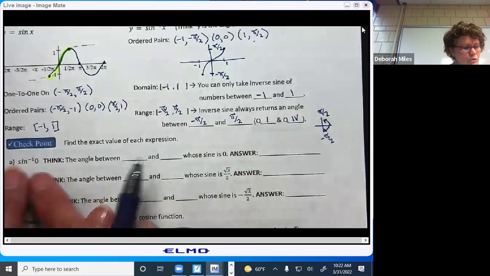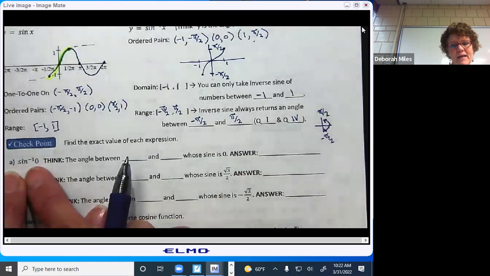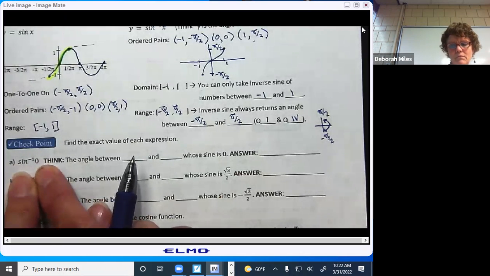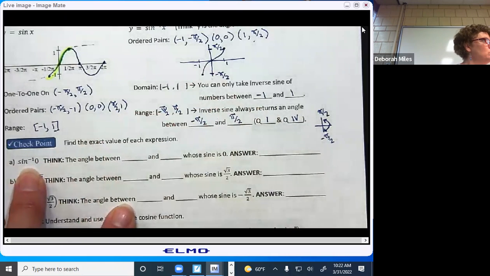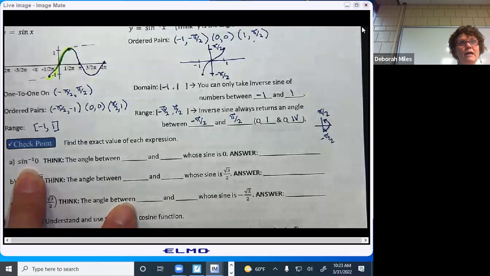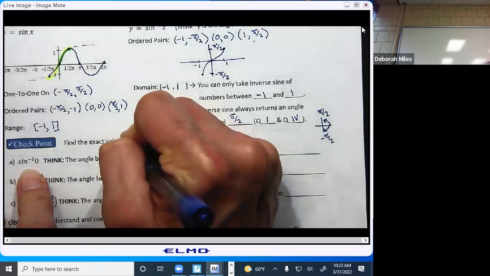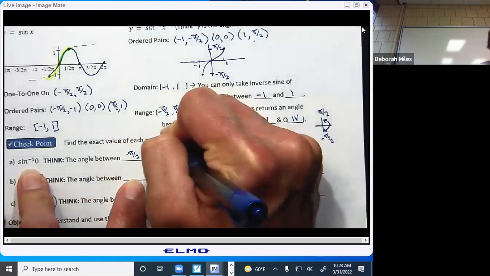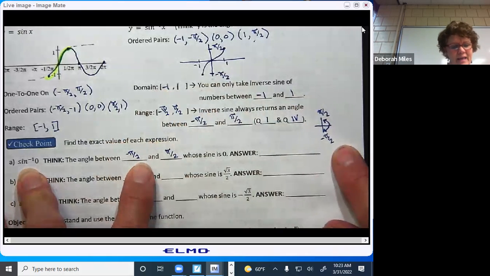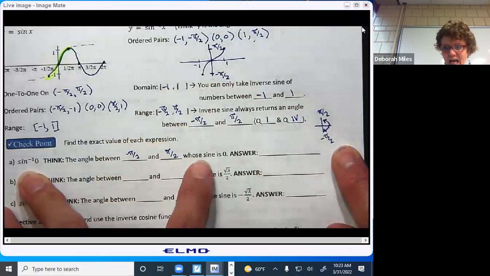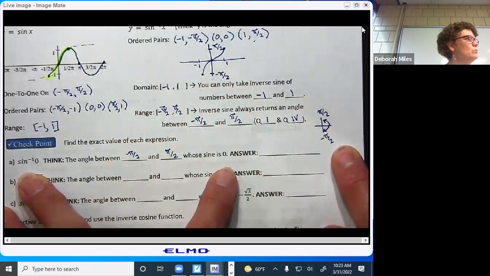But when I ask you to find inverse sine of 0, you have to be thinking, I'm looking for an angle. That's the first thing you have to think. And for inverse sine, it has to be between negative pi over 2 and positive pi over 2. I'm looking for the angle whose sine is 0.